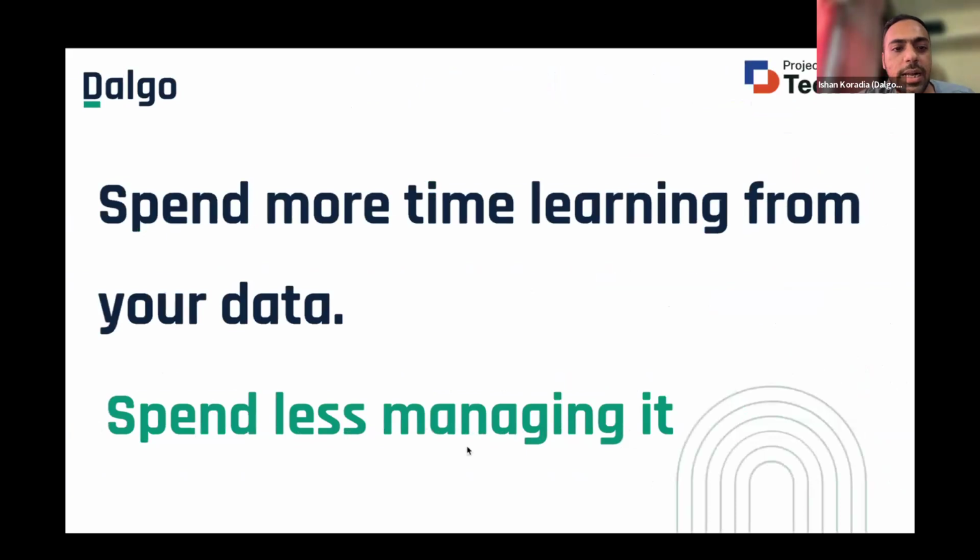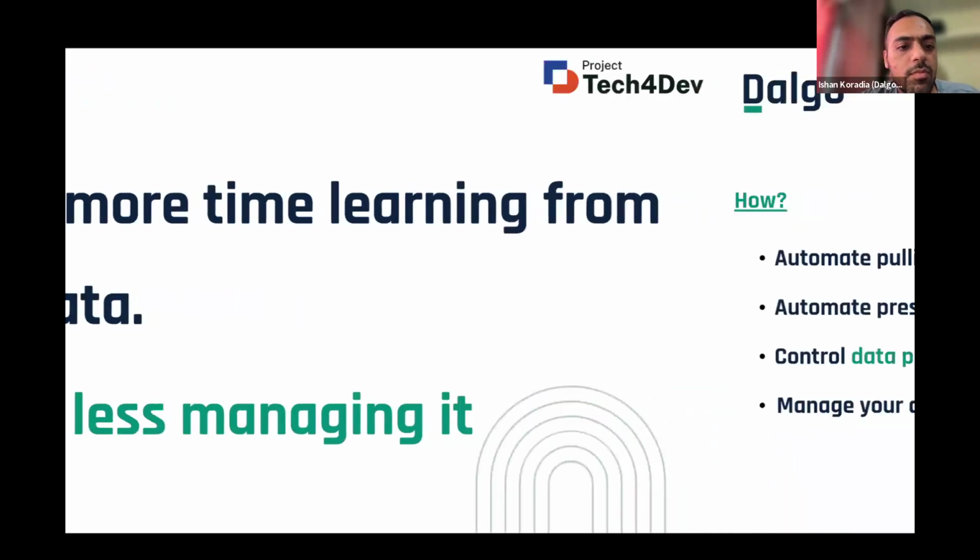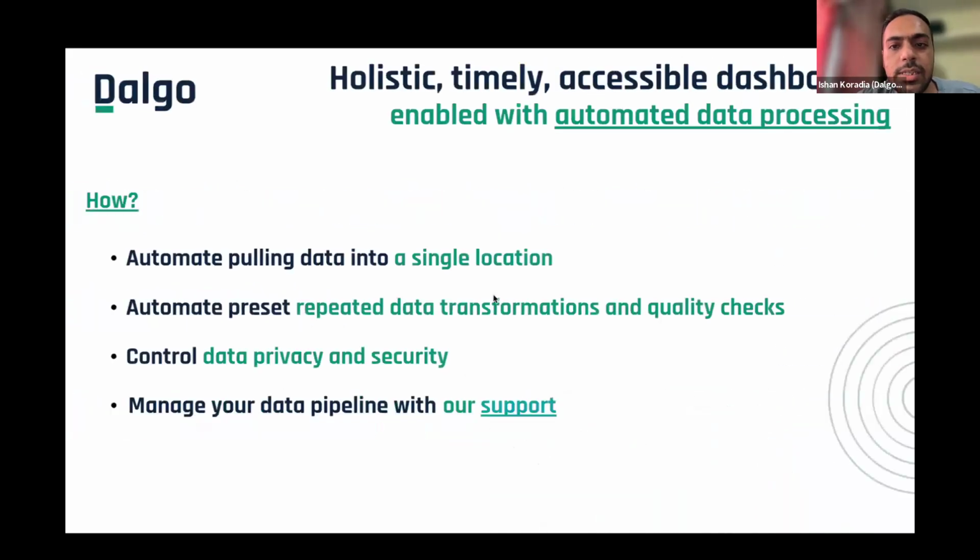The idea was that NGOs should spend more time learning from their data and improving their programs instead of managing it, right? And how does Dalgo do this? It automates everything for you. It pulls all your data into a single location, which is ideally your warehouse.